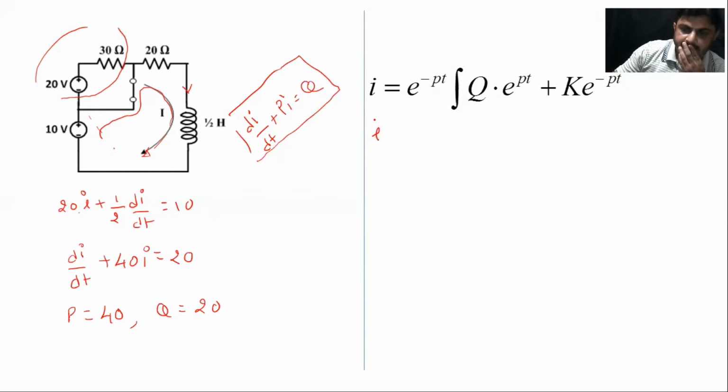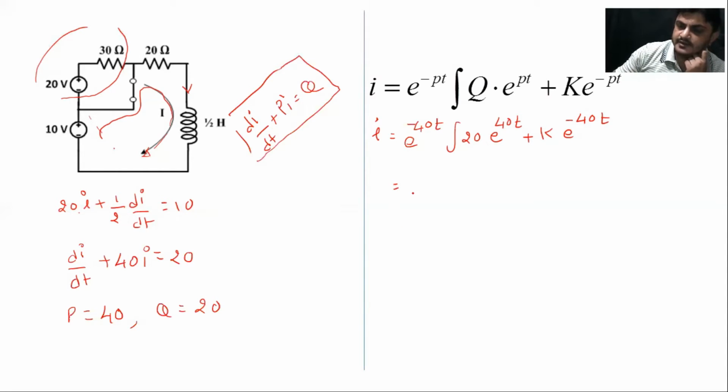It means that I = e^(-40t) ∫ 20 e^(40t) dt + K e^(-40t), since the value of P is 40 and the value of Q is 20.